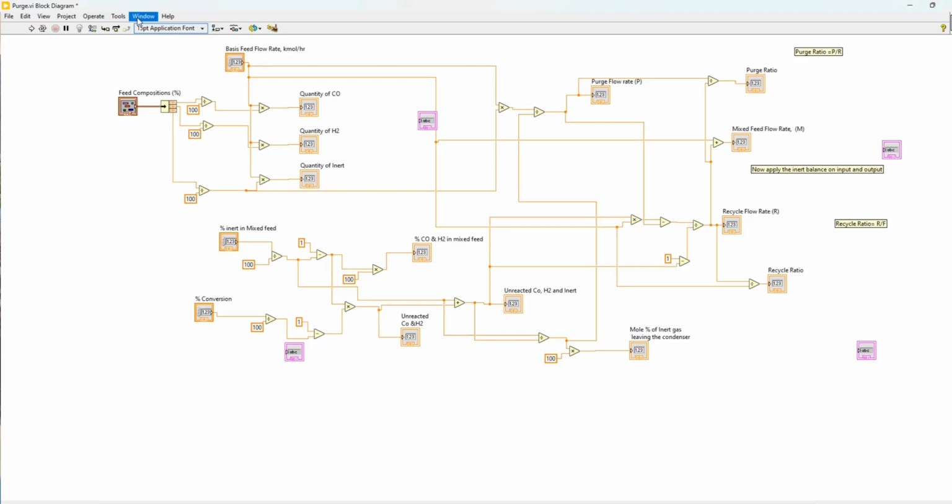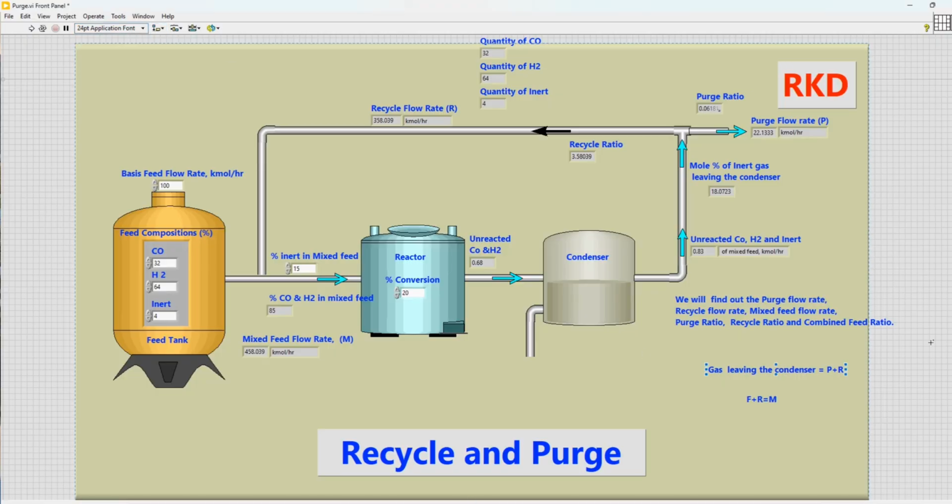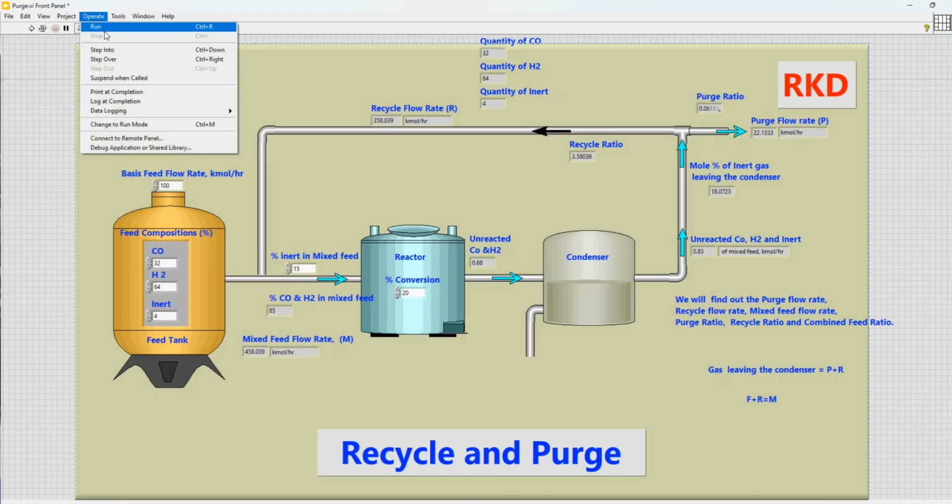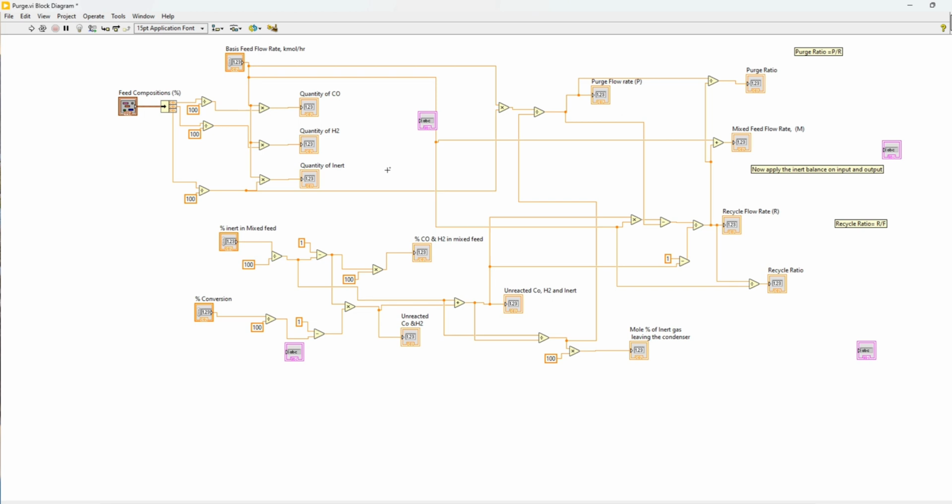So now next is the combined feed ratio. So for that, combined feed ratio, this is nothing but here we are combining the two things.